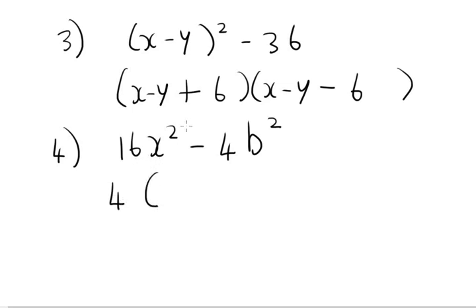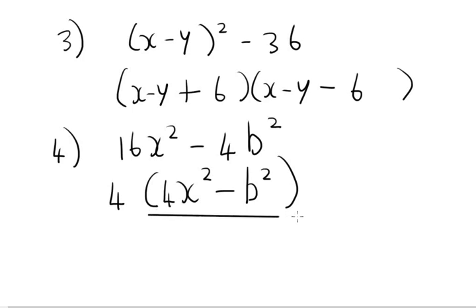And then it's 16x squared divided by 4, which gives me 4x squared, minus 4b squared divided by 4 gives me b squared. So now you'll notice that what's in the brackets is difference of two squares. I can use dots. Why? There's two terms, there's a negative in the middle, and both terms are perfect squares.